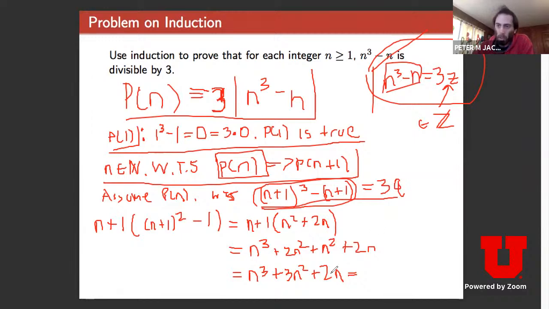But we can be clever, because we know we need a minus n and we don't have it. So we can try to make an equivalent expression for 2n that involves minus n. I'll write this up here. We can rewrite 2n as 3n minus n.